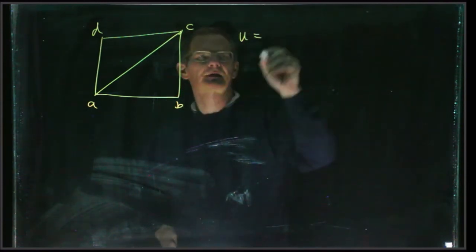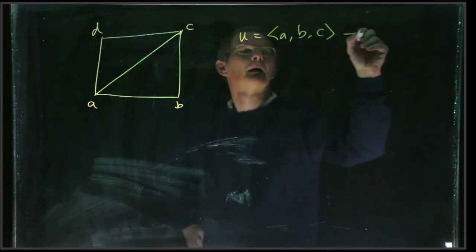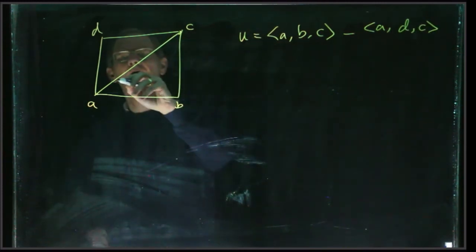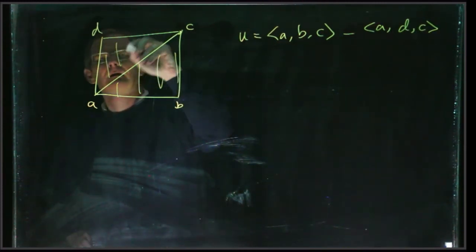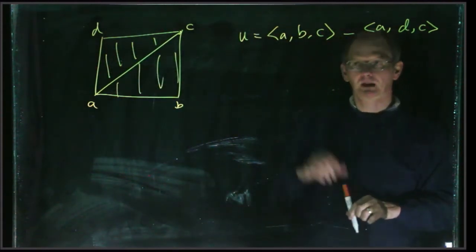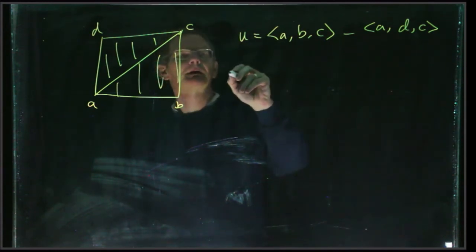So let's consider a chain like this, say ABC minus ADC. Okay, that consists of these two triangles here. And let's look at the boundary of this.